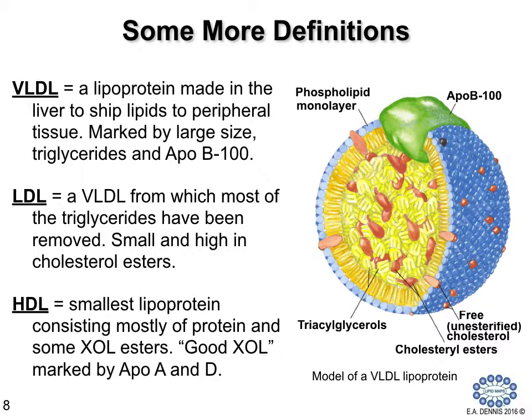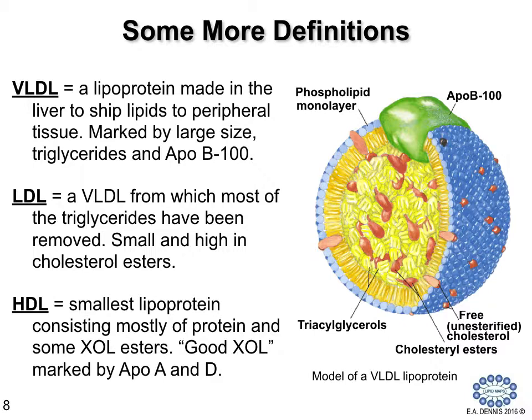Now, the largest lipoprotein after chylomicrons is called very low density lipoprotein, or VLDL, and it is made in the liver and shipped to peripheral tissues. It's marked by its very large size, its abundance of triglycerides, and the ApoB100 protein, which is about twice the size of the apoprotein of chylomicrons.